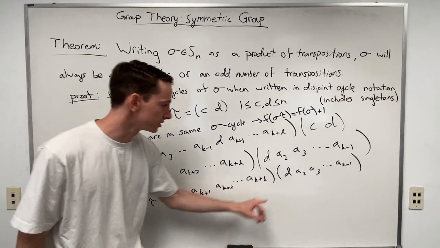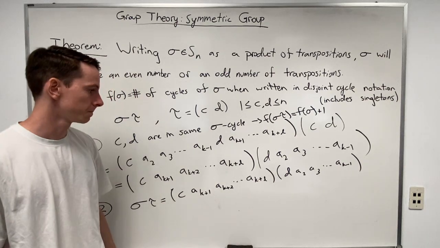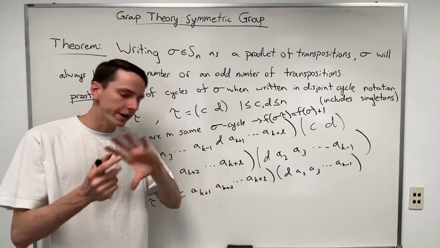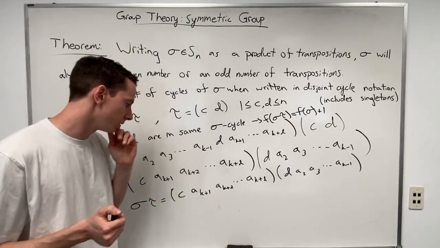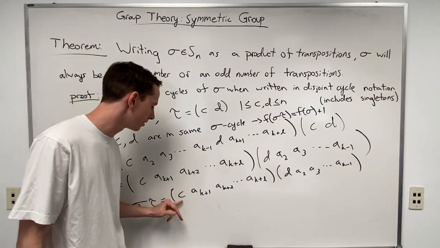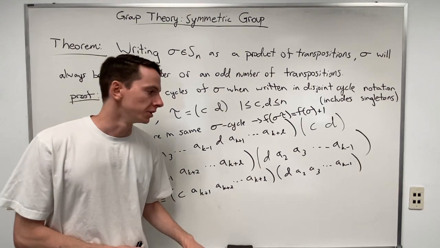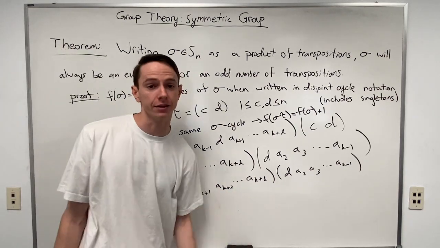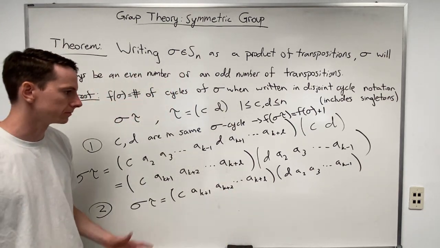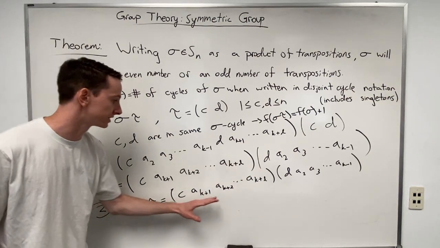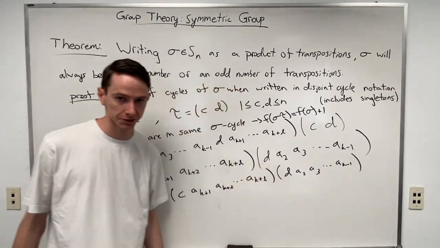C is in one of the cycles, D is in one of the other cycles. Hopefully we remember too that when writing out cycles, there's no necessary requirement to have the smallest number first. So we can just put C at the front and D at the front of our cycle. Right? There's nothing inherently wrong with writing out sigma generally like this.